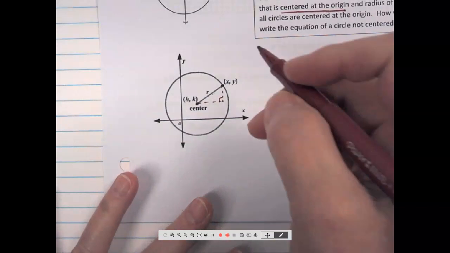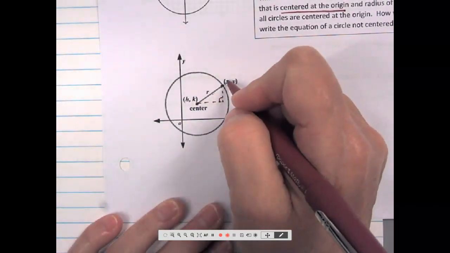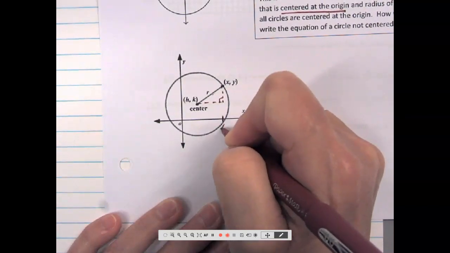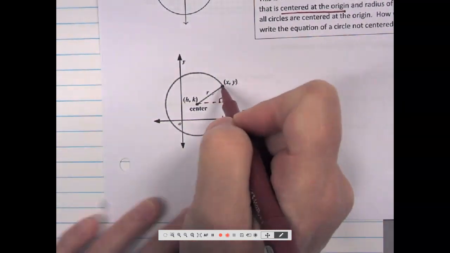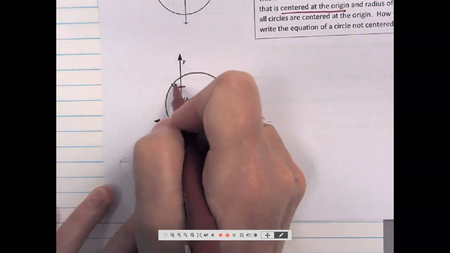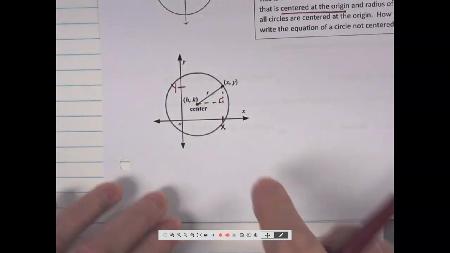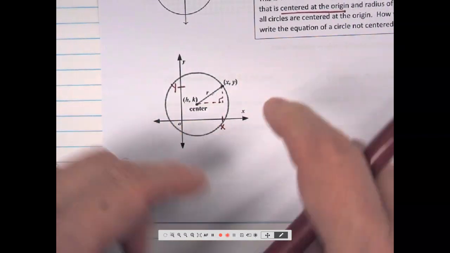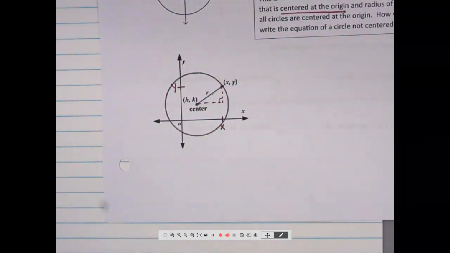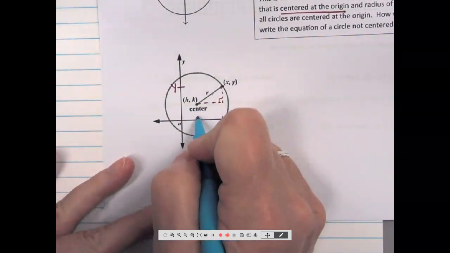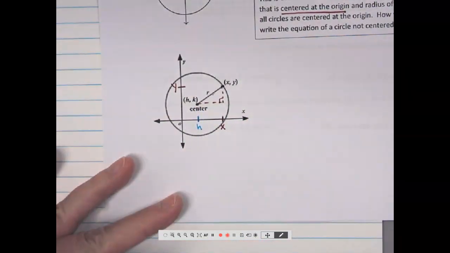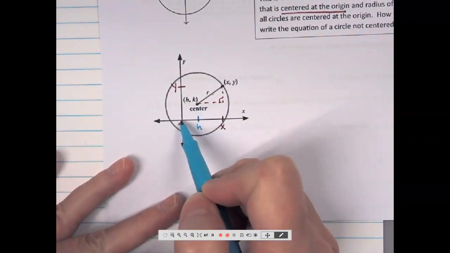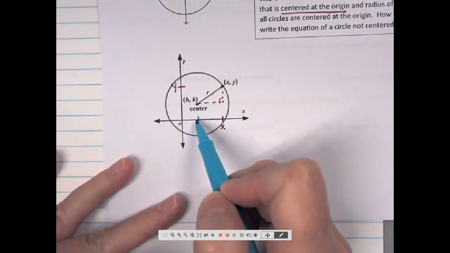Okay, so I'm going to label a few things. If this x coordinate is x, then I'm going to mark on the x-axis x. And this y coordinate is y. So that if I go over x, up y, I'm at the ordered pair x, y. Okay, I'm going to label this as h. Because if my center is labeled h, k, then I had to go over h to get to that point.